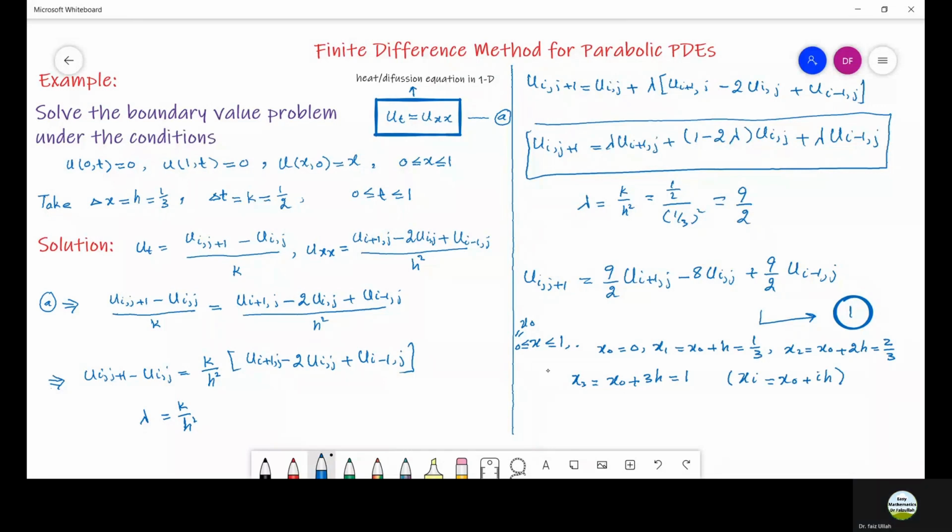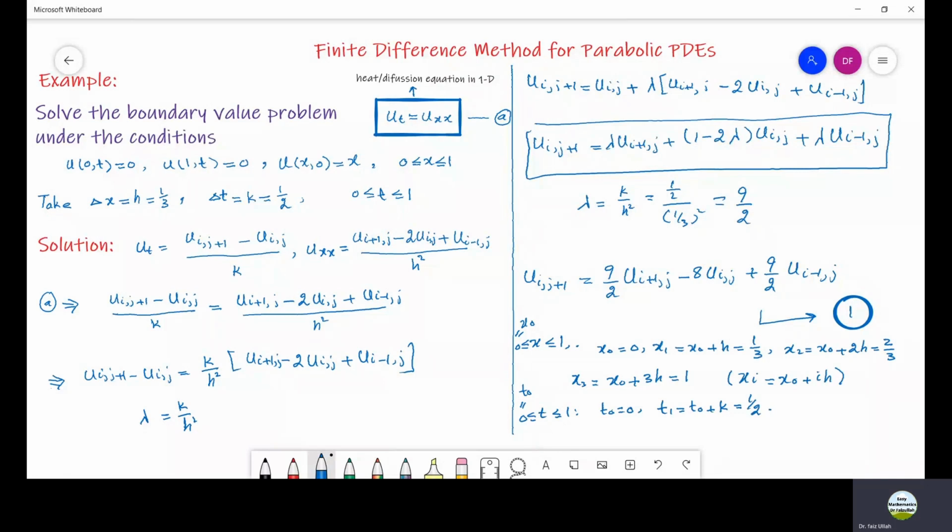We use the formula xi is equal to x naught plus ih, where i is from 1 and so on. So now the value of t is also given, which is from 0 to 1, and the first value t naught is 0. To find the value of t1, t1 is equal to t naught plus k. Now k is 1 over 2 and t naught is 0.